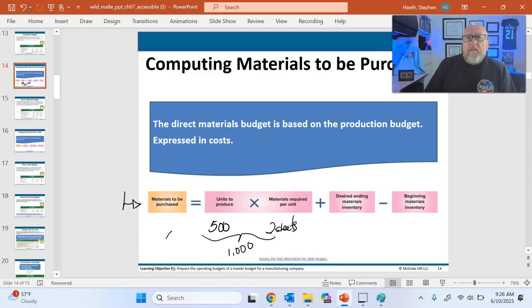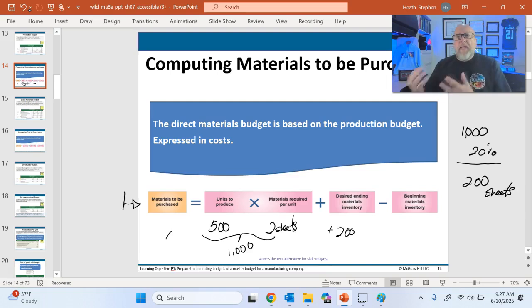Okay. Then, in addition to purchasing the 1,000 that we're going to need for this period, I want to purchase some extra, and it's always going to be some percentage of however much I intend to make next period. So again, if next period I'm thinking I'm going to produce 1,000 units, and I want to have available to me 20% of that, then I'm going to need to purchase 200 sheets so that I have them in ending inventory.